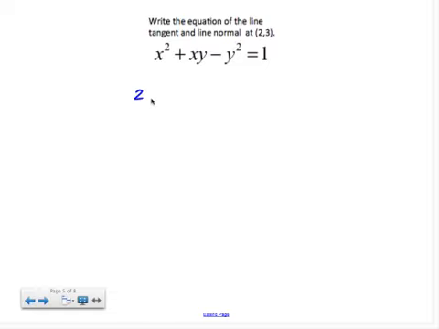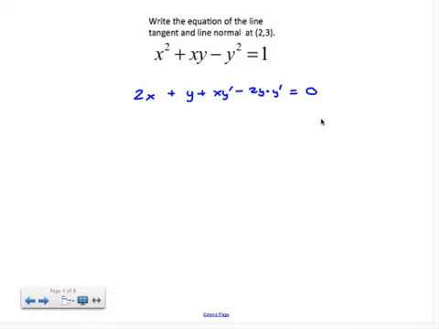So we have 2x as the derivative of x squared. We just did the derivative of xy, so I won't go through all the steps here, but it's going to be y plus x y prime, and the derivative of y squared is going to be 2y times y prime. The derivative of 1 is 0.